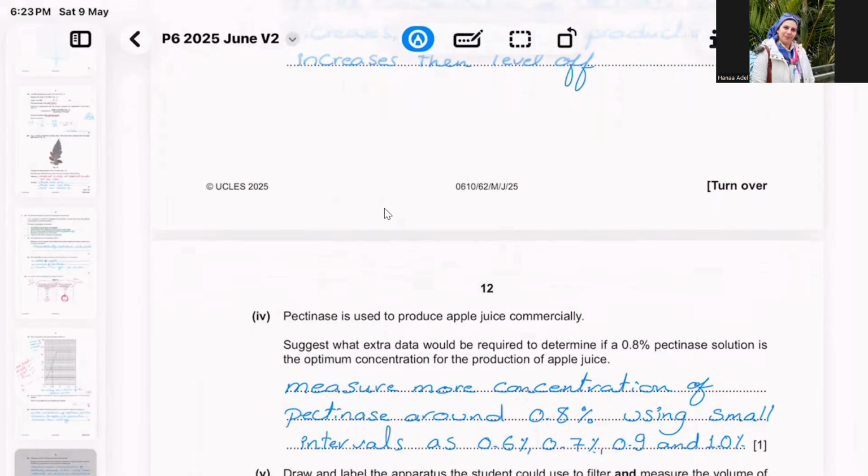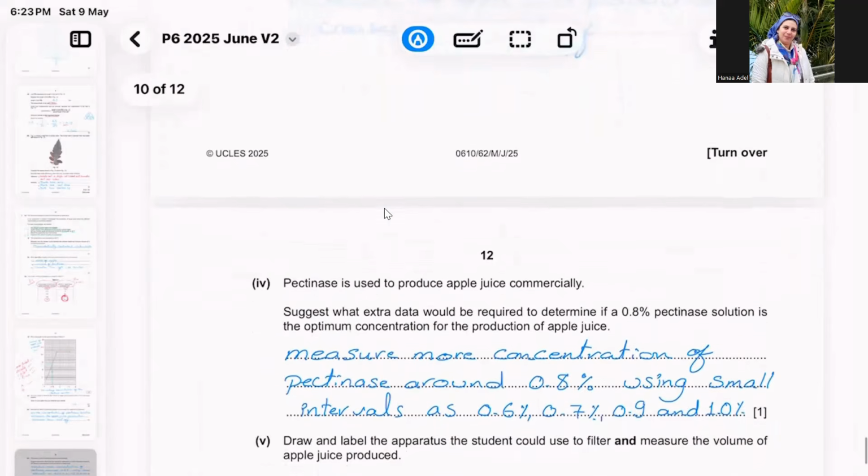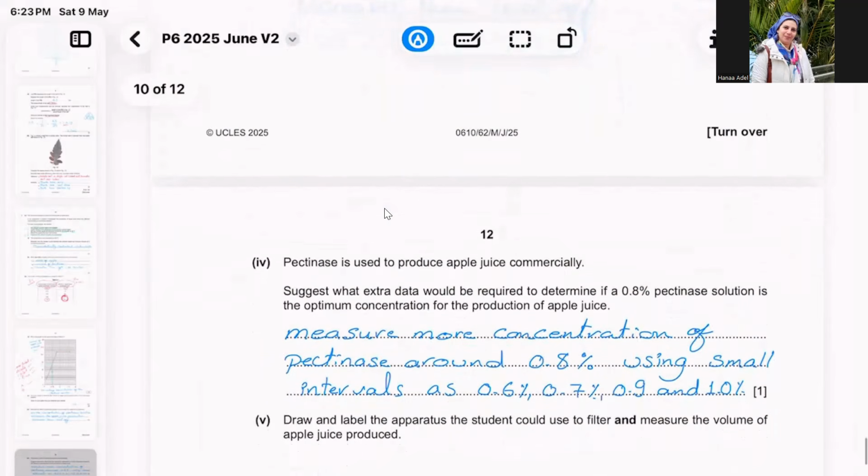Draw and label the apparatus that a student could use to filter and measure the volume of apple juice produced. So we have to draw something that filters and something that measures the volume of liquid. To filter, we can use filter paper placed in a filter funnel. And how can we measure the volume of apple juice?